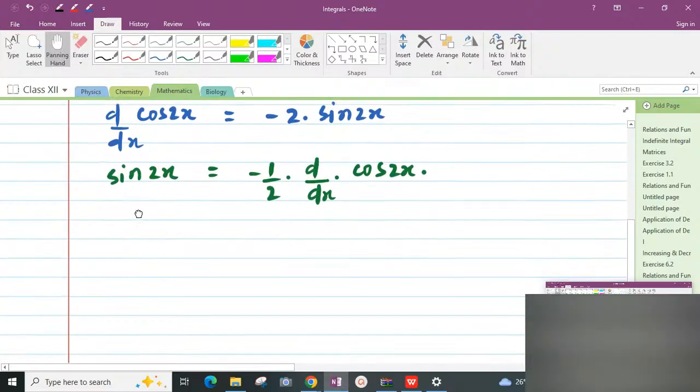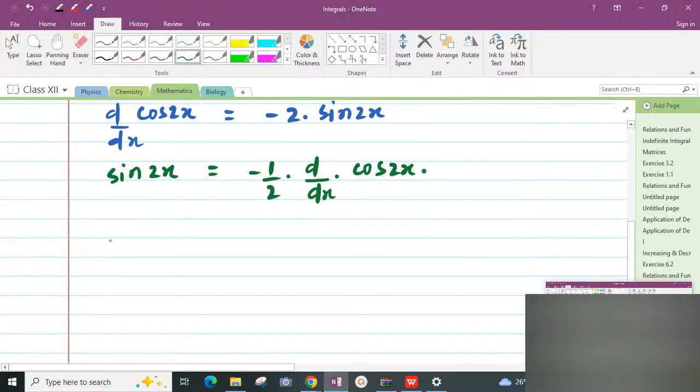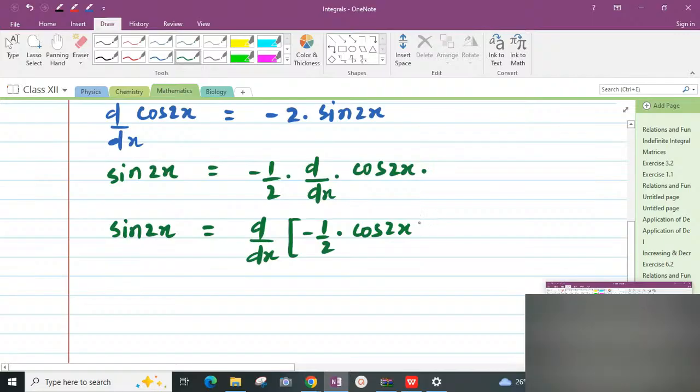So here the next step will be sine 2x equal to d/dx of minus 1 by 2 into cos 2x.